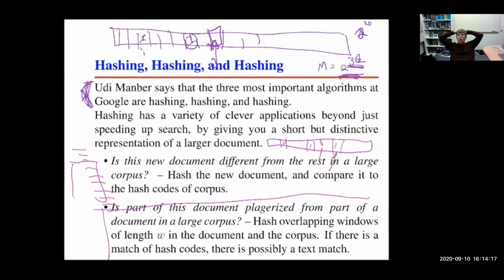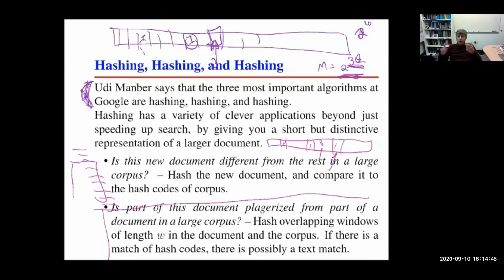It's going to be order the number of windows, which means I'm going to have an entry for essentially every position in every document. Doesn't that make the hash table big? The answer is it could. But there actually are other hashing tricks that can make it likely that I keep only the strings that are most interesting, most representative.